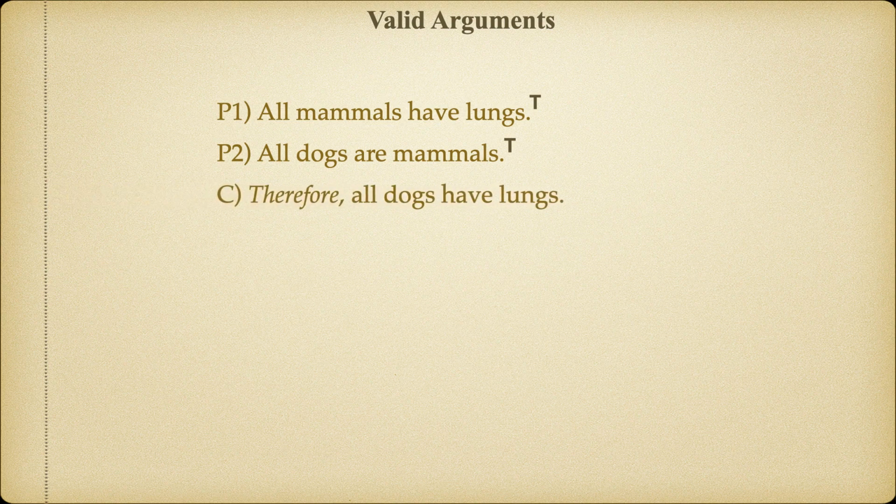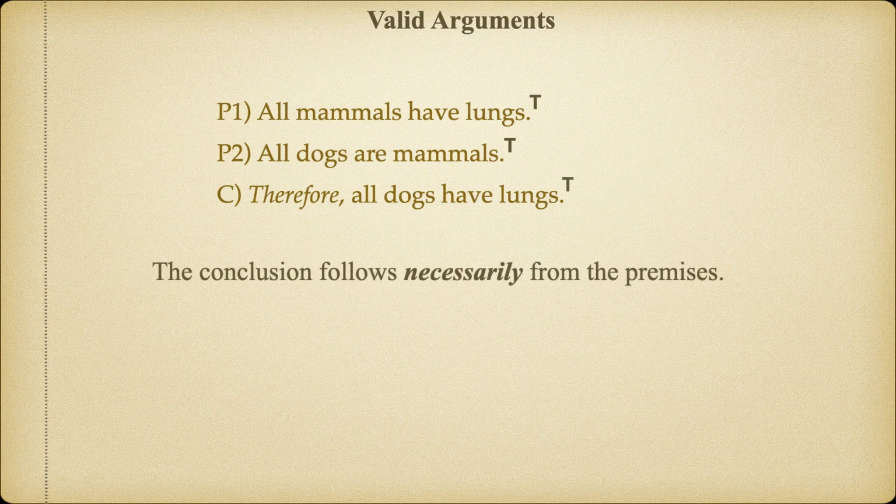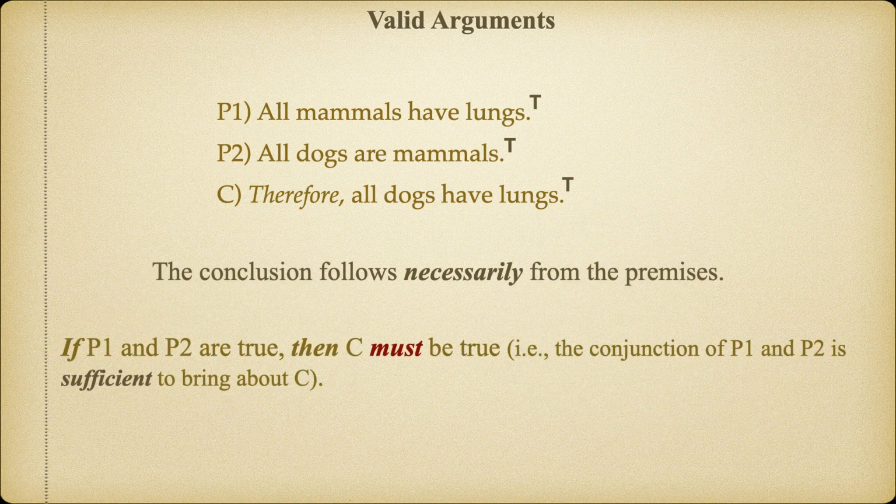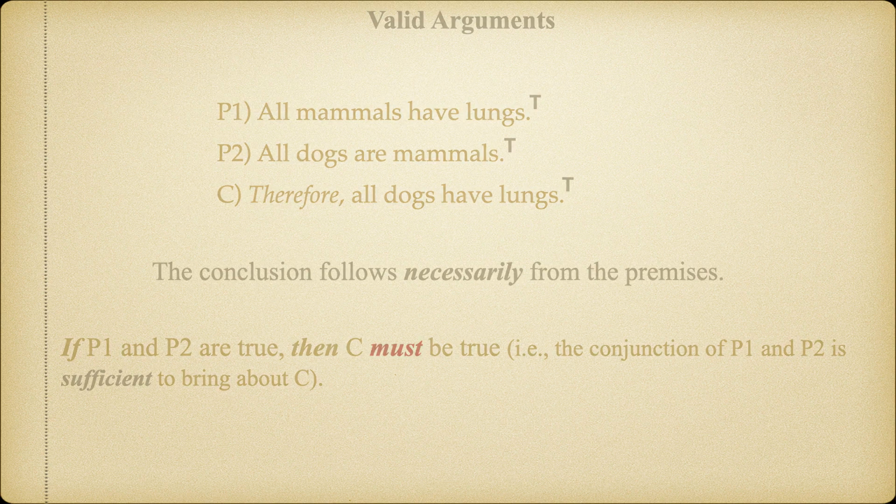Putting those two premises together, we must conclude that all dogs have lungs, which also happens to be true. Because the assertion of the two premises together forces us to accept the conclusion, we would judge this argument to be valid. But there's a very easy way to visualize why this is the case.